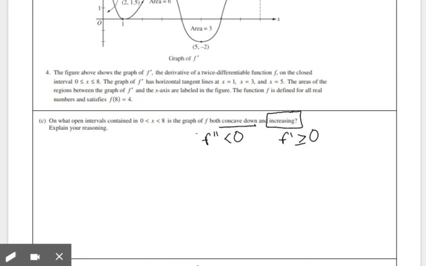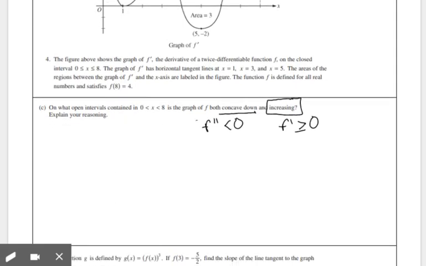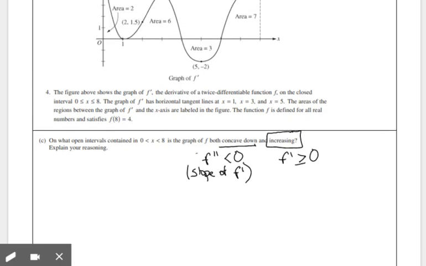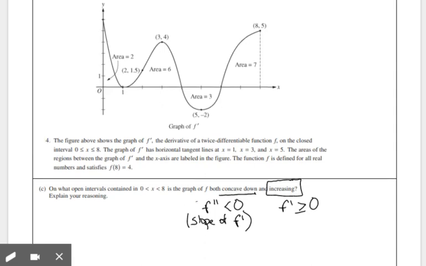So when we take a look here, we are given the graph of f prime, which means we don't know anything about f double prime. We're actually going to be looking at the slope of f prime. So we're looking for where is the slope of f prime negative, but f prime is actually positive. So if we look at our graph, we want it to be above the x-axis and be decreasing.